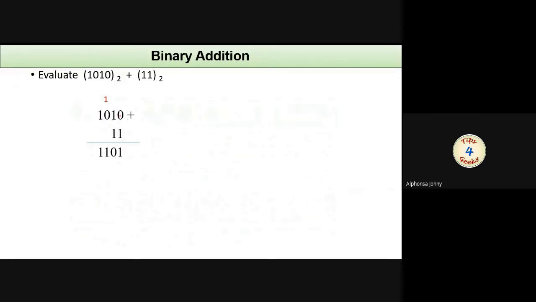The least significant bit of 1010 is 0 and the most significant bit is 1. In the case of 11, the least significant bit is 1 and the most significant bit is 1. So we write this least significant bit below the least significant bit of the first number, and so on. We are going to add these two numbers using the rules given in the previous slide.